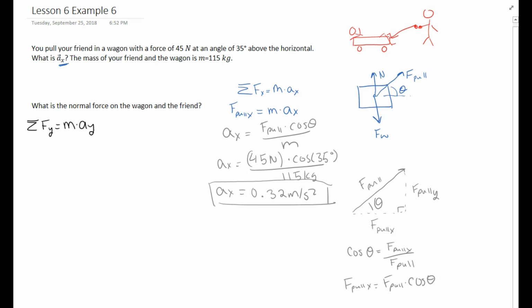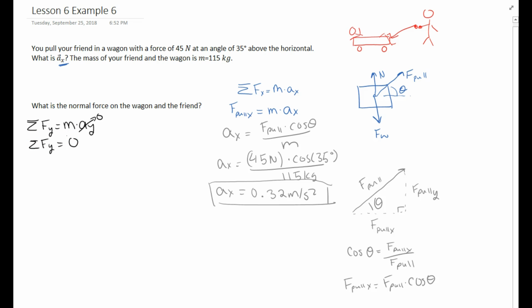But we get to simplify this particular equation because we don't have any up and down movement. We are in equilibrium in the vertical. So we have no acceleration, so this term goes to 0. So now I have the sum of the forces in the y direction equals 0.